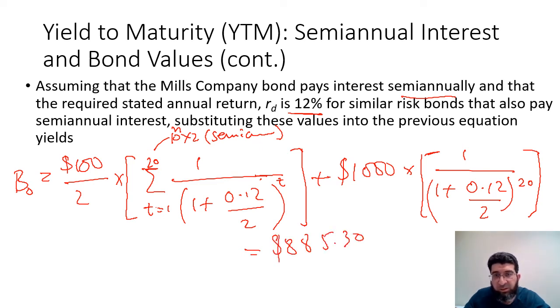So this divides the rate by 2 while multiplying the time periods by 2.